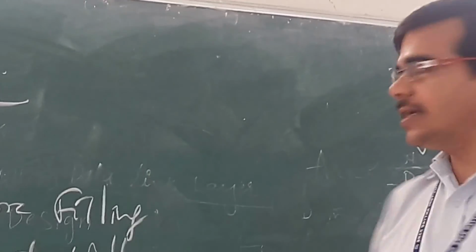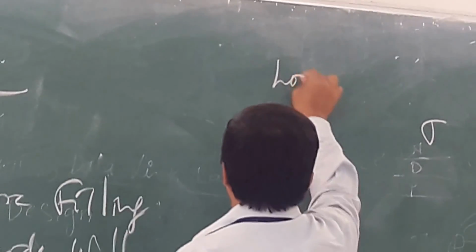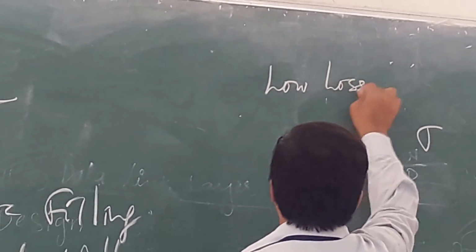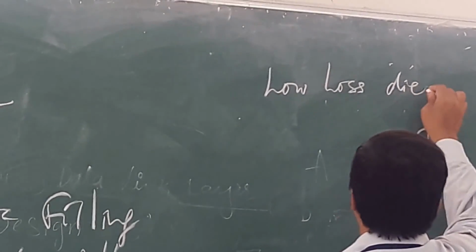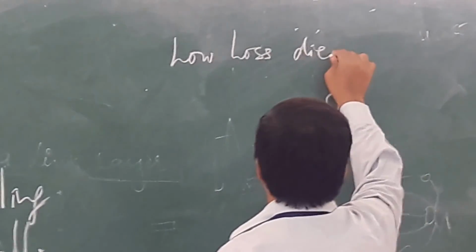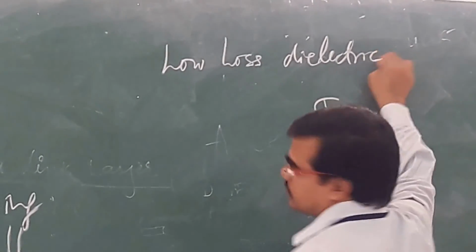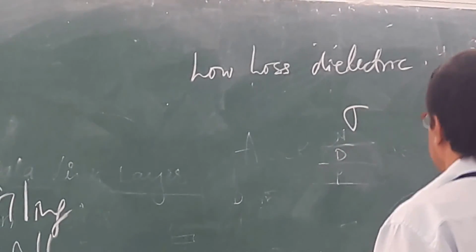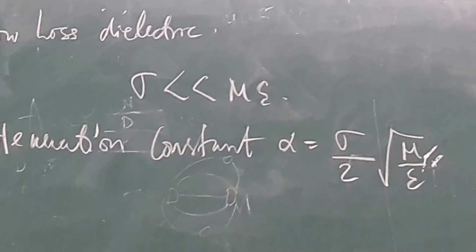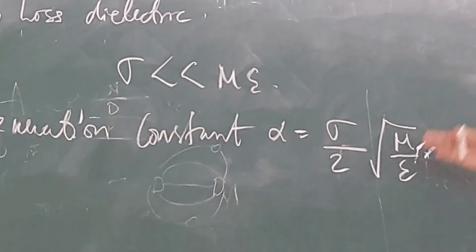So, low loss dielectric. The dielectric is low loss, so the attenuation constant alpha will be conductivity by 2 root of mu by epsilon.